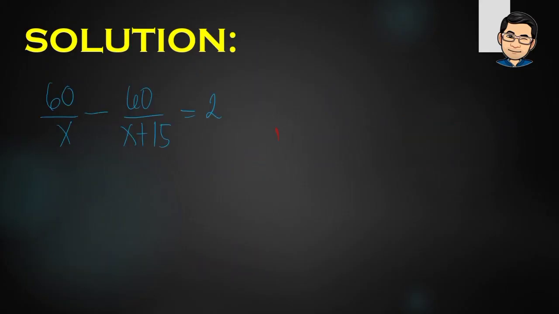So, hindi pa nakasulat sa standard form ang ating equation. So, kailangan natin kunin ng LCD nila. So, ang denominator na given is x tsaka x plus 15. So, the LCD is x tsaka x plus 15. Ayan. So, imumultiply natin itong LCD na yan sa given equation para mawala yung mga denominator niya.